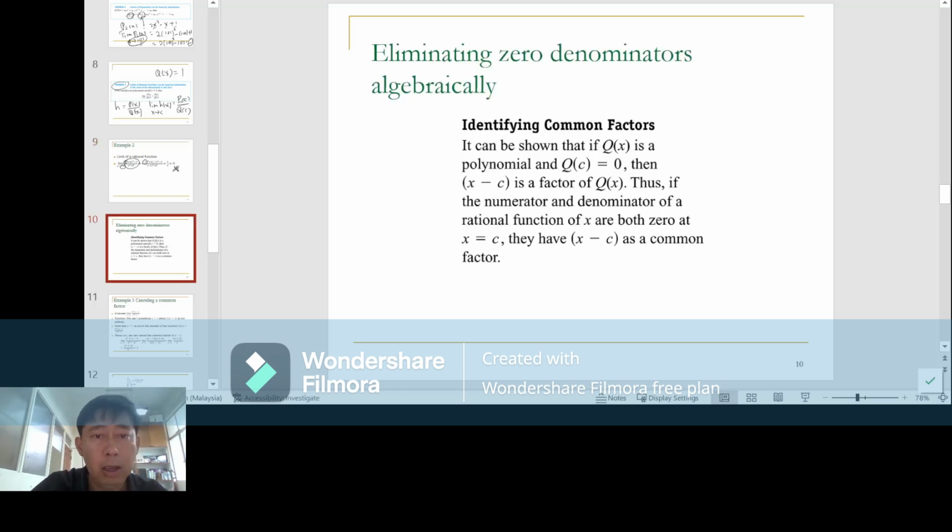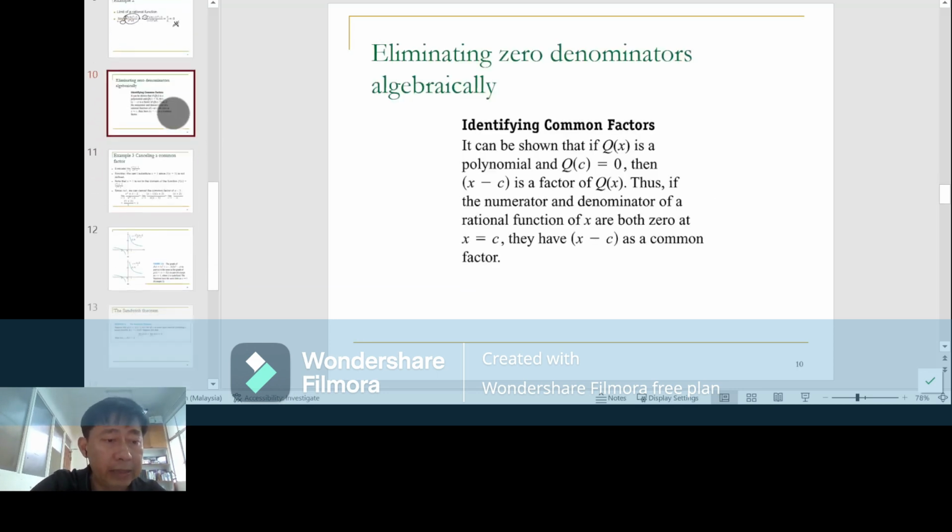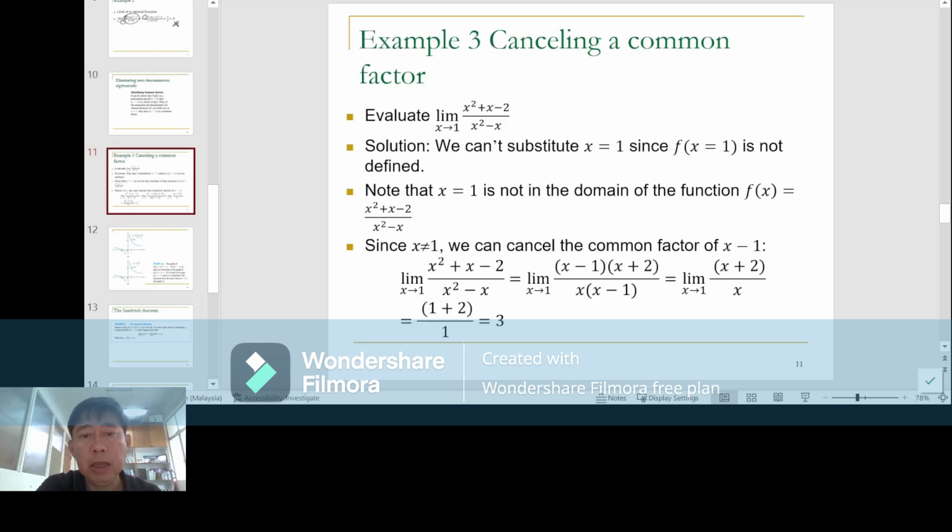Then these are the examples that tell you about evaluating the ratio of two polynomial functions where the limit may appear to not exist. Okay, so for example, this is an example of the ratio of two polynomials.